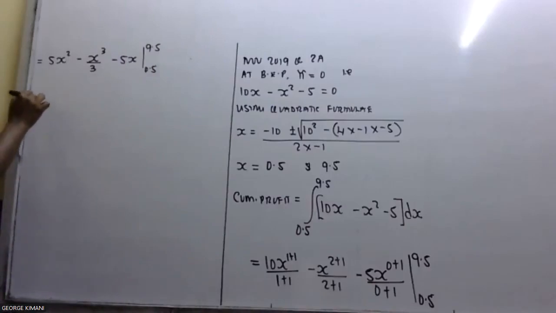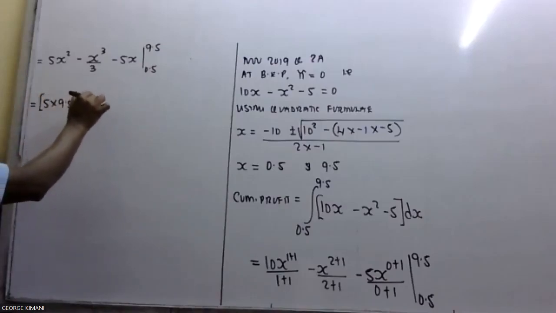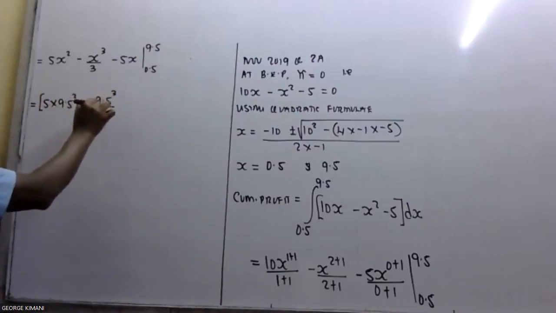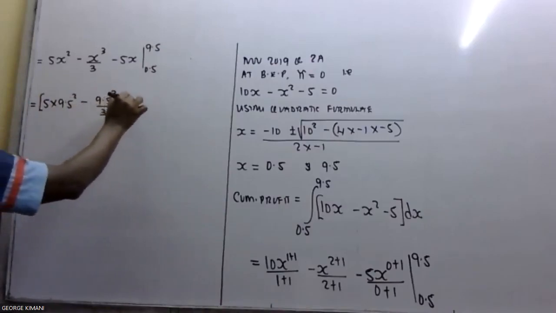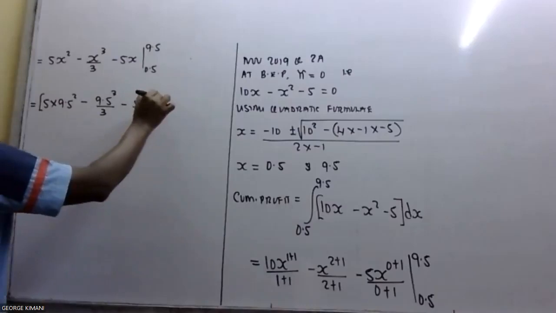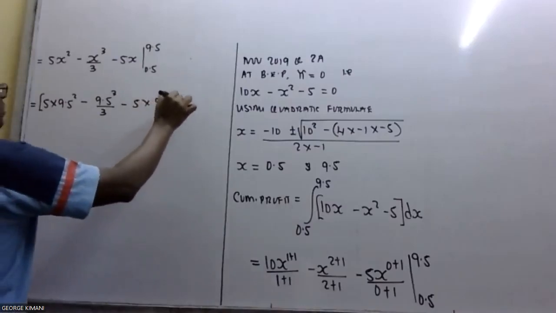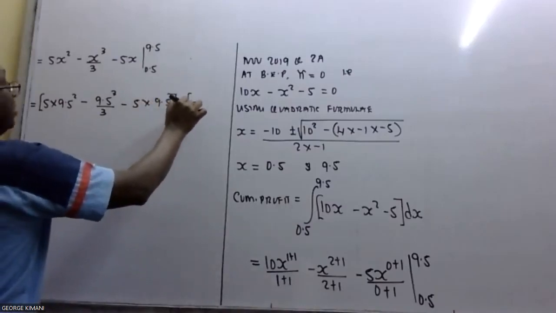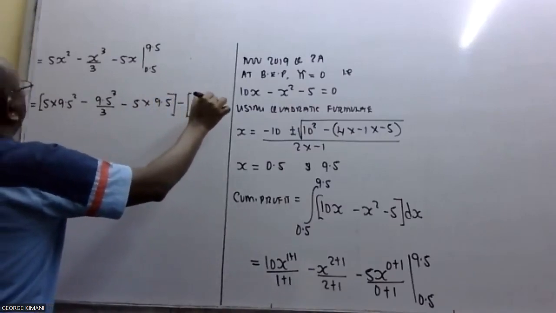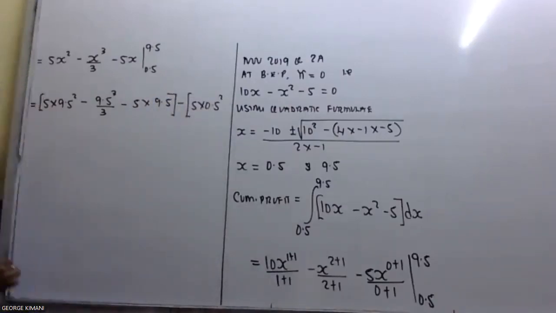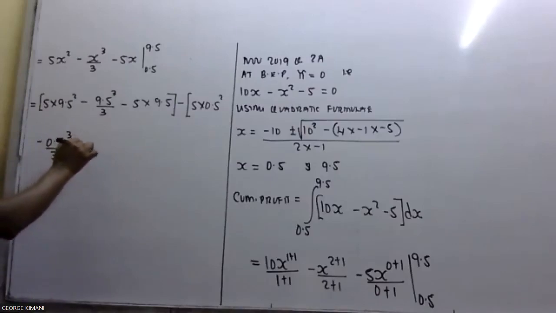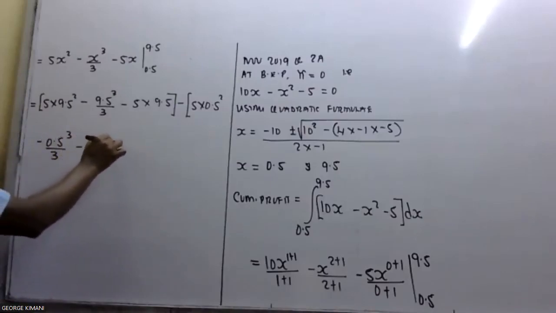So this one becomes 5 times 9.5 squared minus 9.5 cubed out of 3 minus 5 times 9.5. You minus 5 times 0.5 squared minus 0.5 cubed out of 3 minus 5 times 0.5.